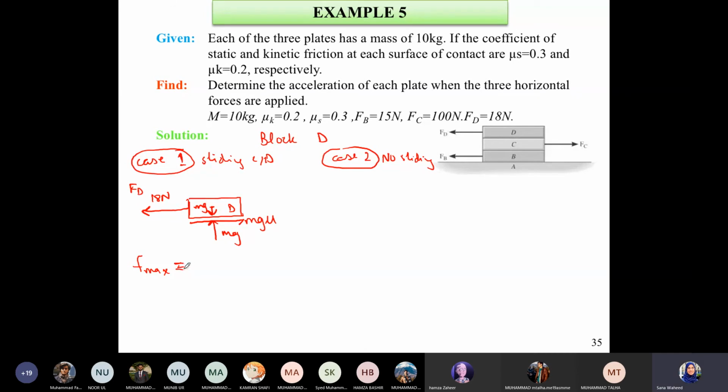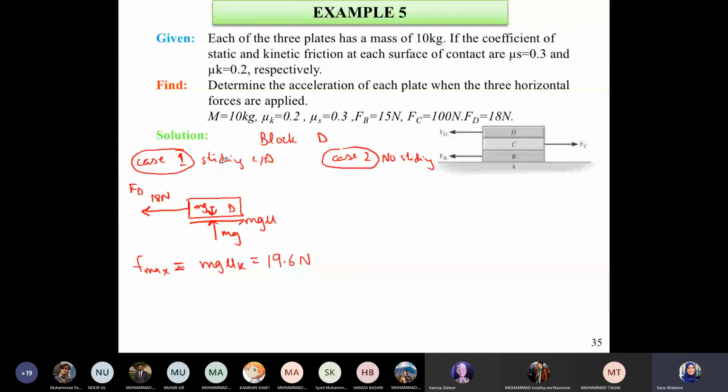Maybe. I'm not too sure about this, but let me see. मैं mu k करके try कर लेती हूँ, mu k. And I get what? 10 into 9.81 into 0.2. And I get a value of 19.6 newtons.